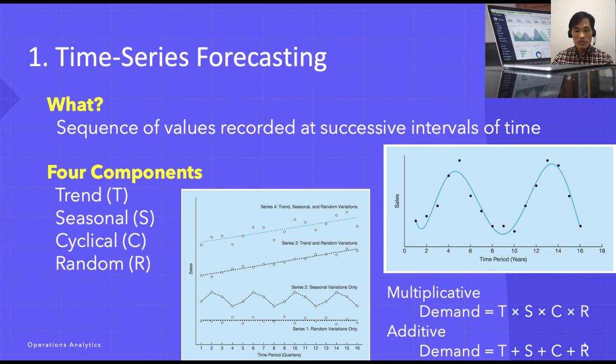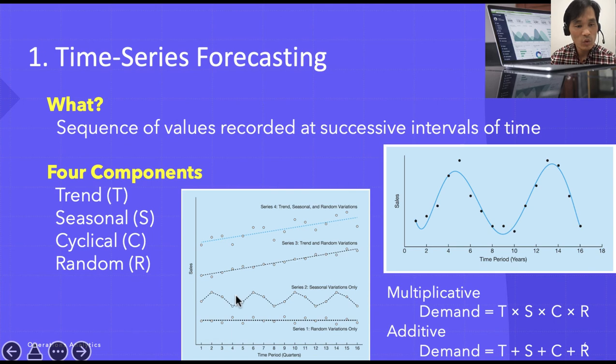So the four components are included right here. This is a trend, and we see some seasonality, maybe in the summer and in the winter, and we have this cyclical pattern.